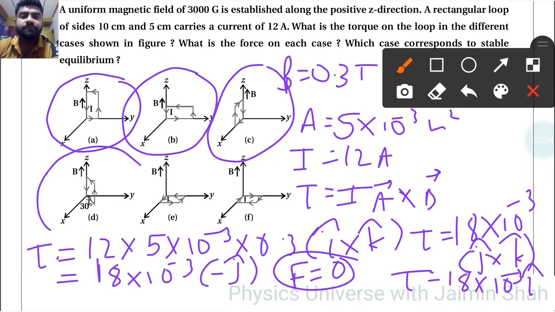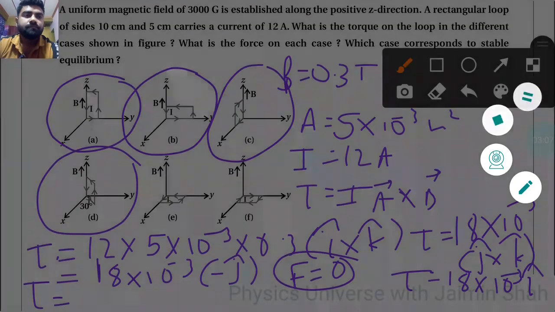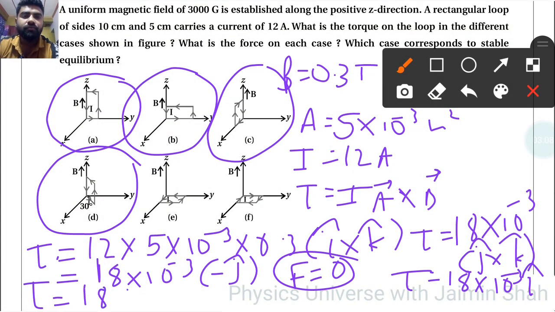Now for the next one, the angle from x to that plane is 30 degree. So the angle between A and B is 240. So sine 240 gives some value. So tau is equal to 18 into 10 raised to minus 3 times sine 240, which is nothing but minus 0.8660.